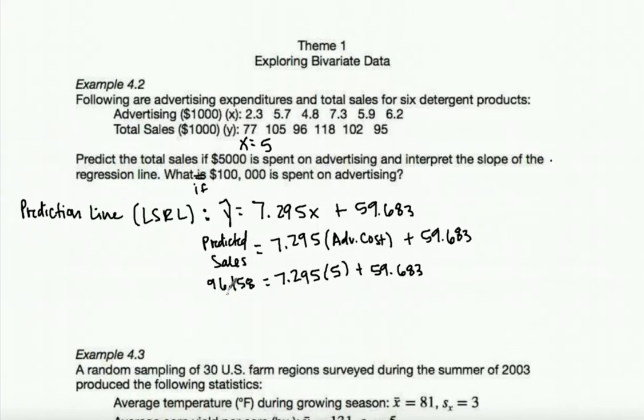Remember that that's predicted sales in thousands. So essentially what that means is if $5,000 is spent, you can expect $96,158 in sales.